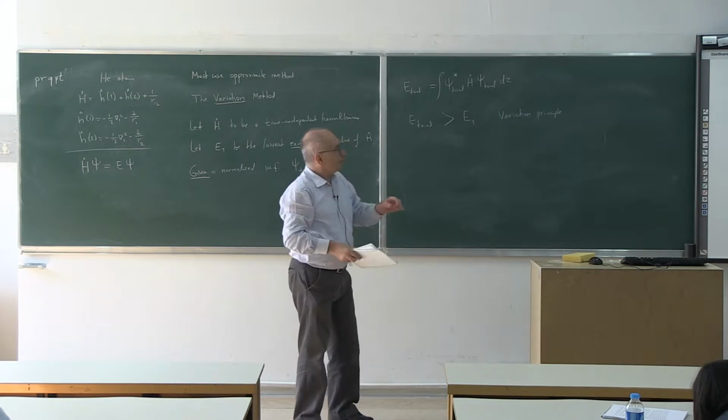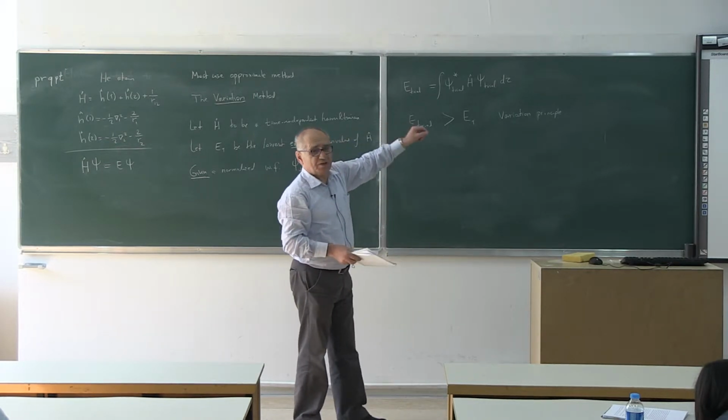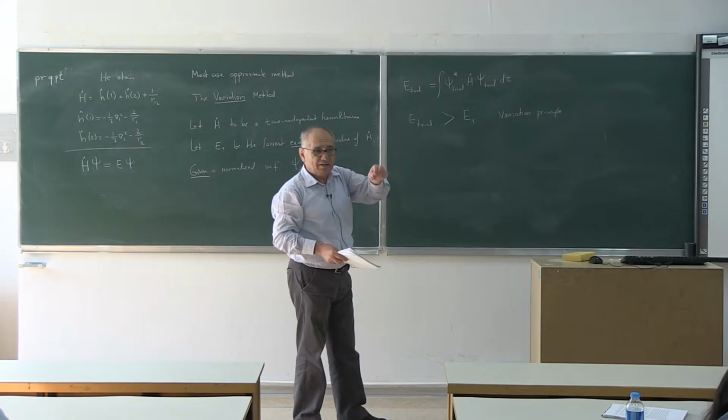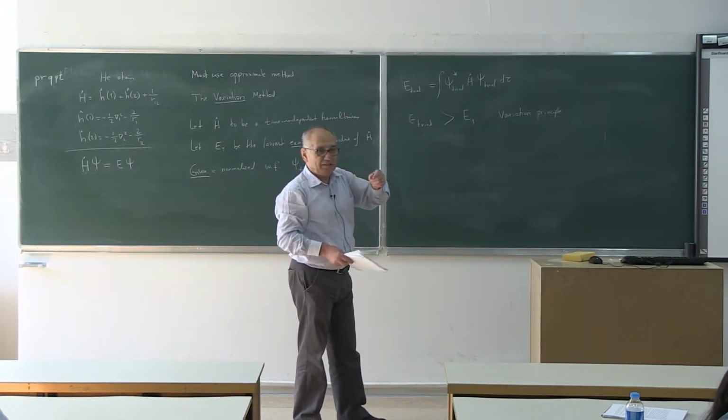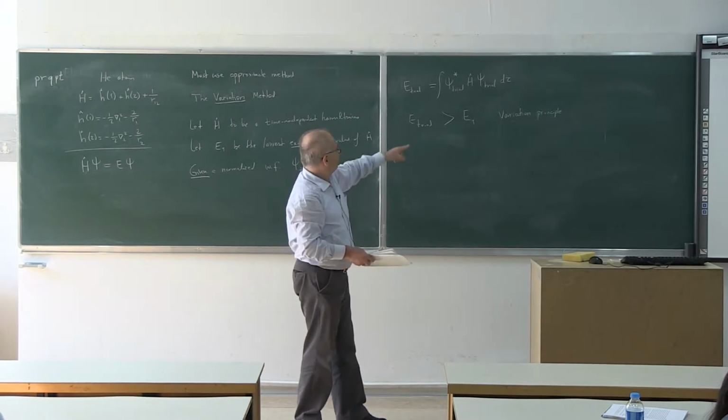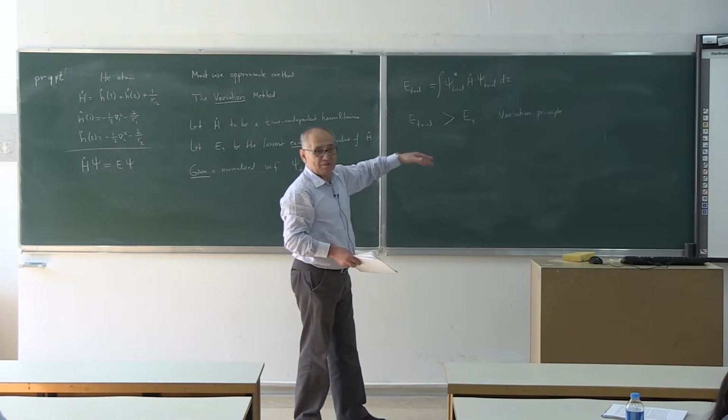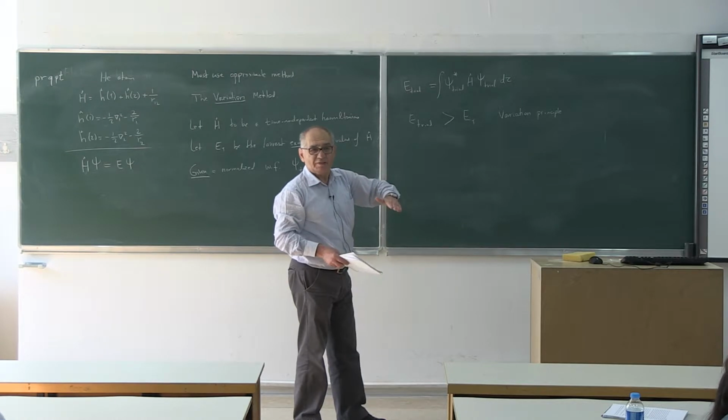So no matter which expression for psi trial you use there, the number for E trial is going to be larger than the exact ground energy. This is the variation principle.